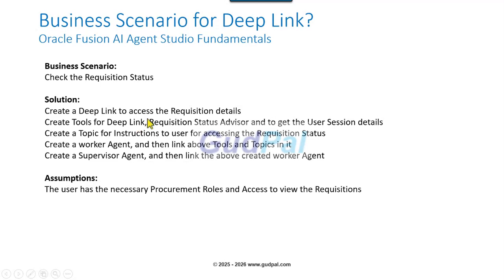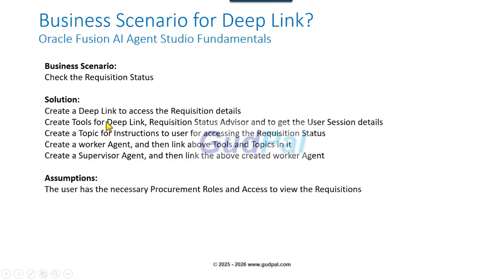You also create a couple of other tools, such as a requisition status advisor and another tool to get the user session details. In short, you'll have one tool which will contain the deep link, a second tool which will fetch the requisition status, and a third tool which will have the user session details.